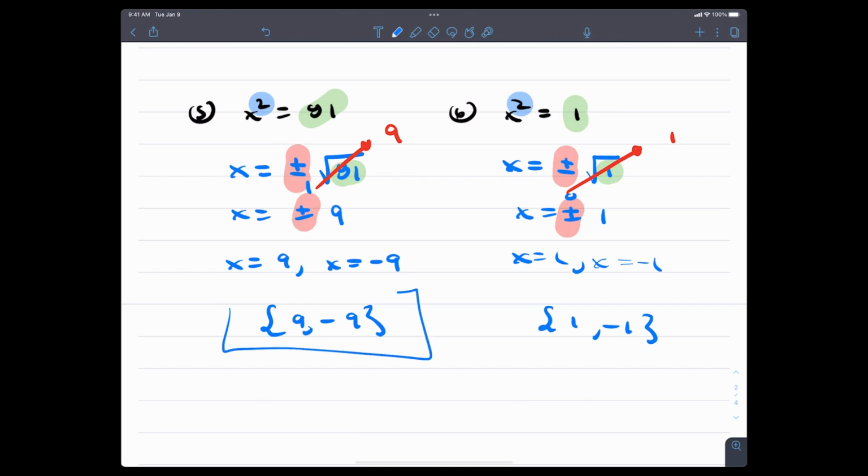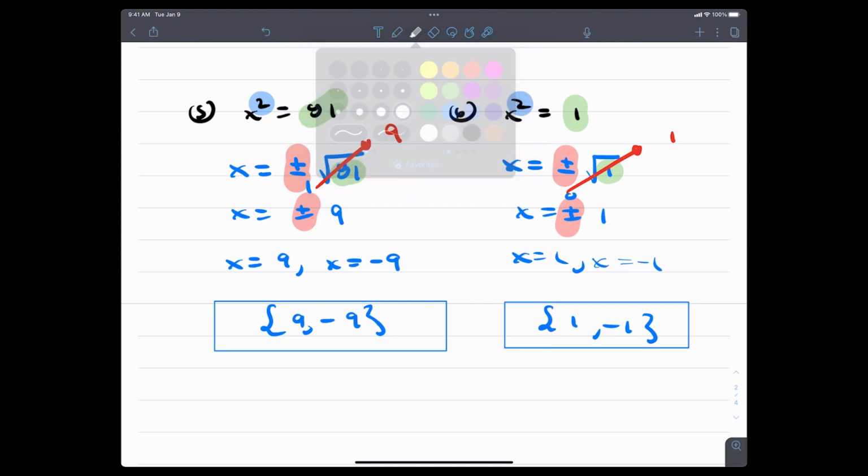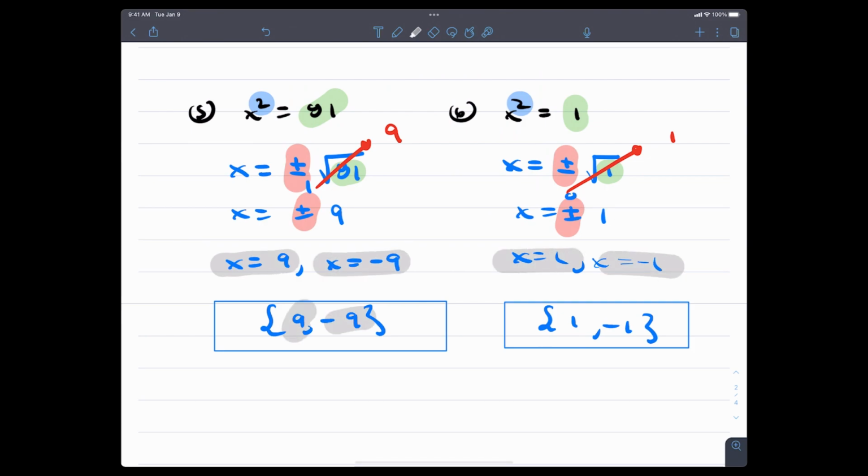You got two solutions again. There it is, ladies and gentlemen.